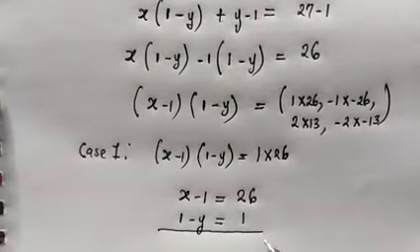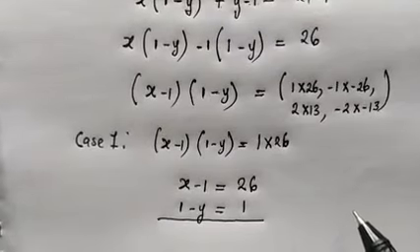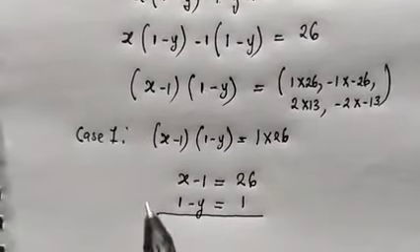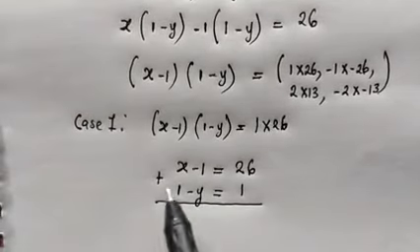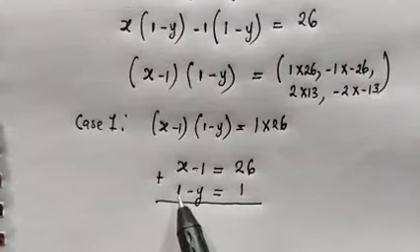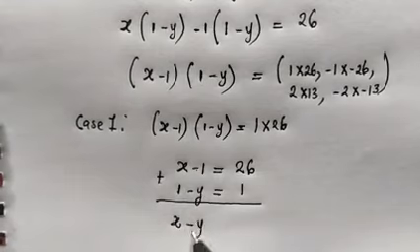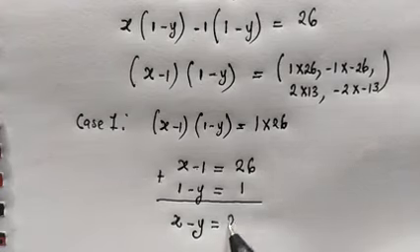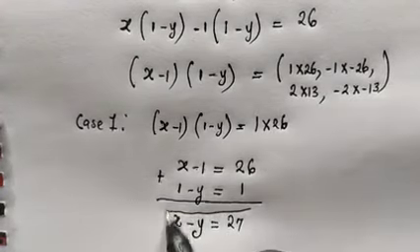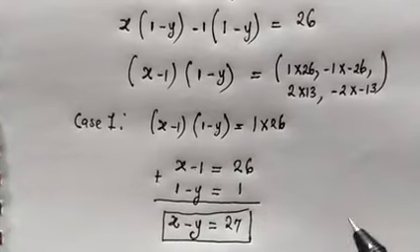Remember, we're solving for x minus y. So we don't have to really stress ourselves. We can just add both sides of the equation, and we see that here -1 plus 1 is 0. X plus -y is the same as x minus y, which quickly gives us our solution. 26 plus 1 is 27. So this is our first solution.